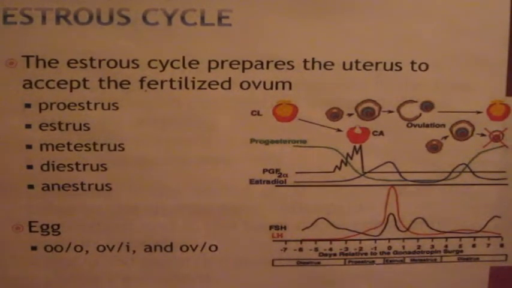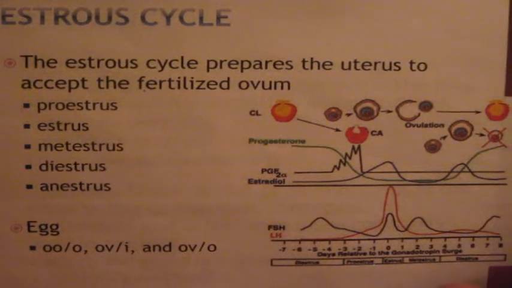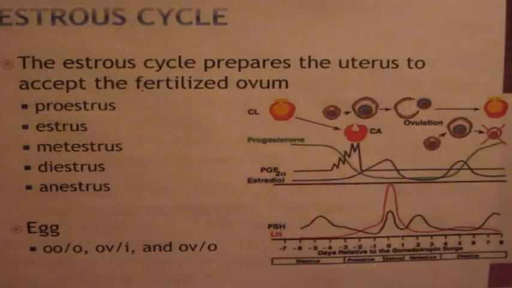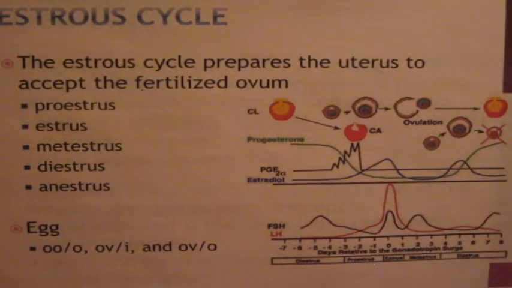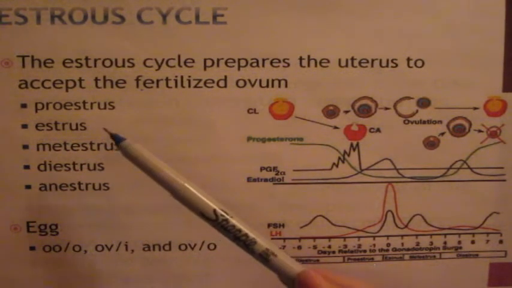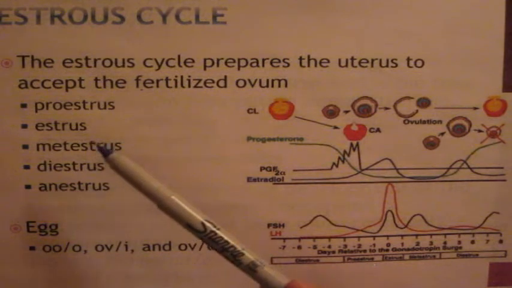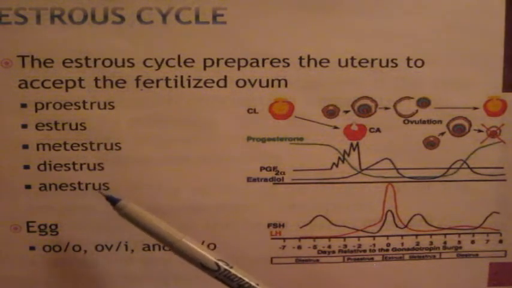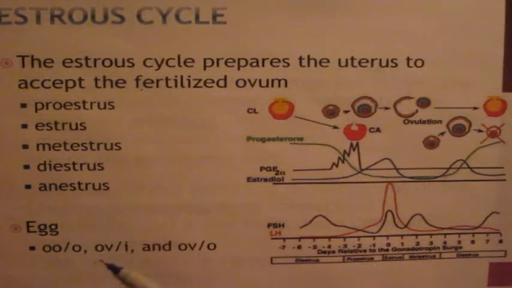The estrous cycle is what prepares the uterus to accept a fertilized ovum, and most females go through different kinds of cycles. Every species has a general type of cycle in which they go through. Not all have the same phases, but characteristically there's a proestrus, estrus, metestrus, diestrus, and an anestrus.